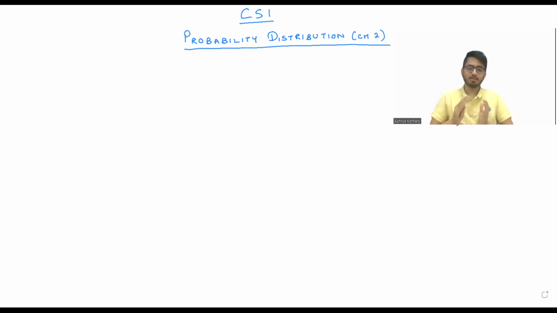Keep in mind one thing, we will try to understand intuitively, specifically for discrete distributions, where we can apply them in our day-to-day life. For continuous distributions, in the examination, they would mention which continuous distribution to use.